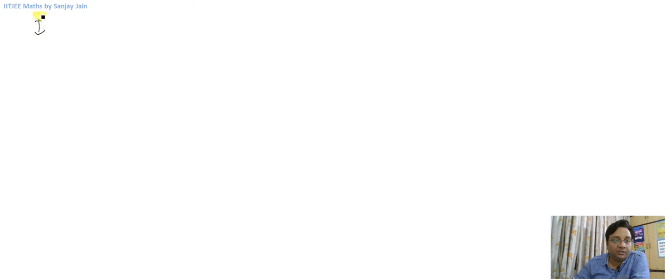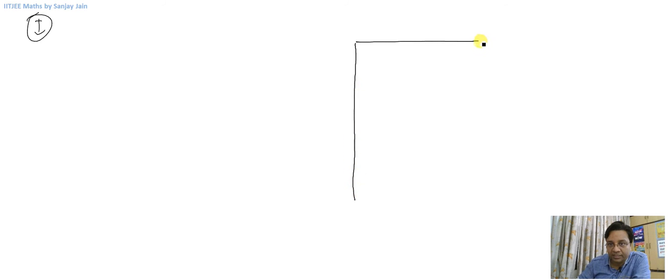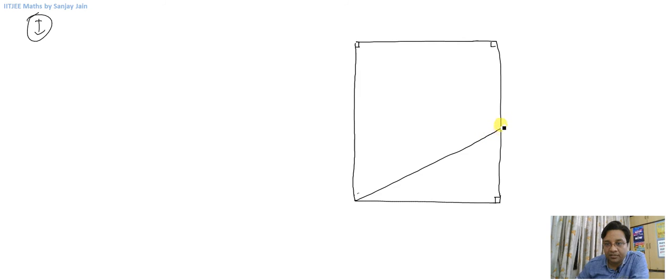Apart from this, let me start with a very simple proof using this rectangle here. I am drawing this rectangle on your screen. Now this is a rectangle, so all of these angles are 90 degrees each. Now inside this rectangle, I want to draw a right angle triangle.